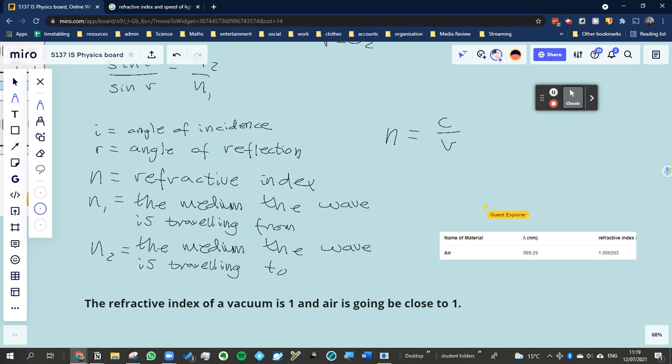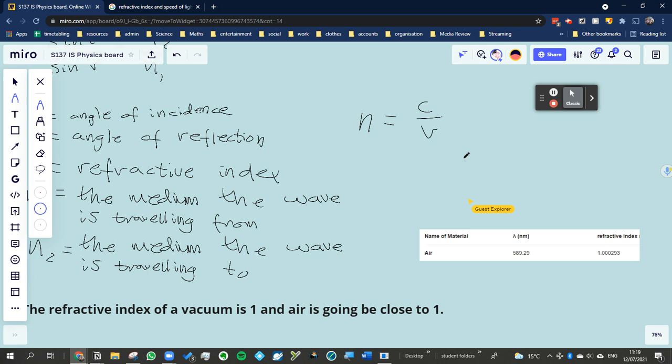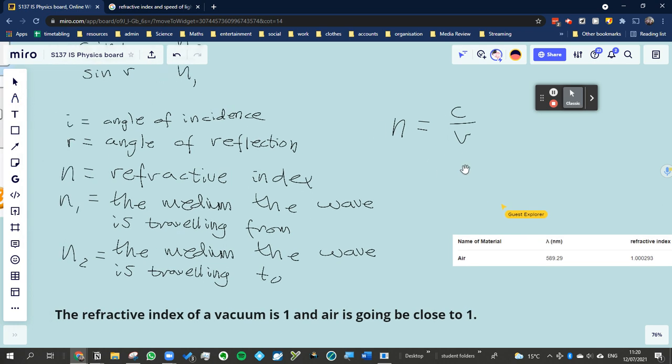The speed of light in a vacuum is obviously c, so c divided by c will give 1. So the refractive index of a vacuum is 1. Something like air is very close to the speed of light in a vacuum, and so the refractive index is going to be very close to 1, but it is slightly slower than it would be in a vacuum.